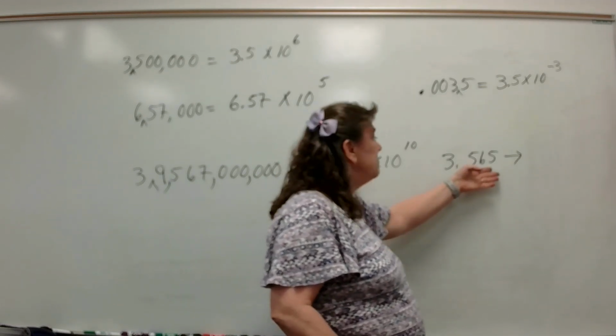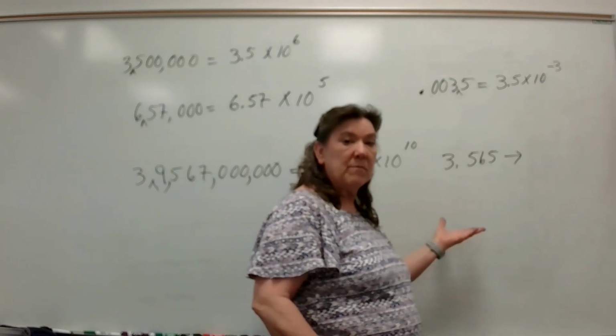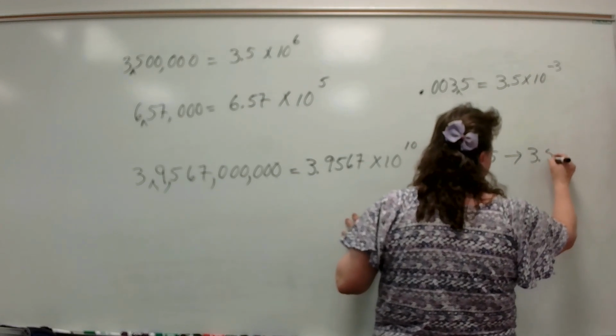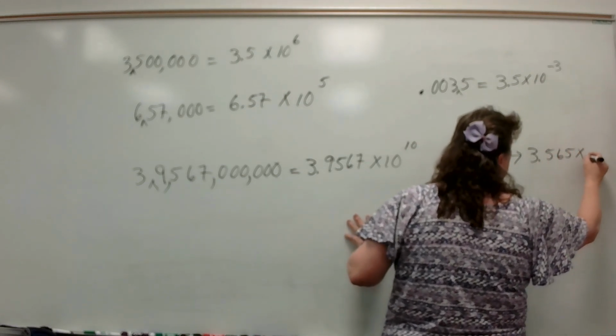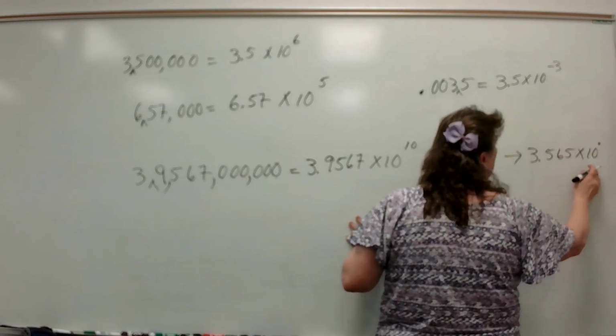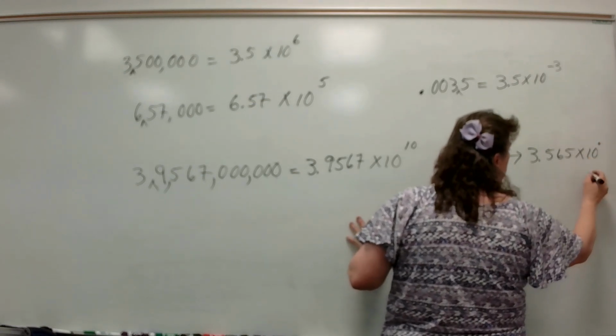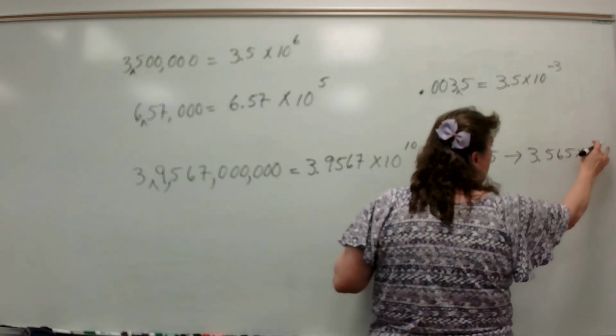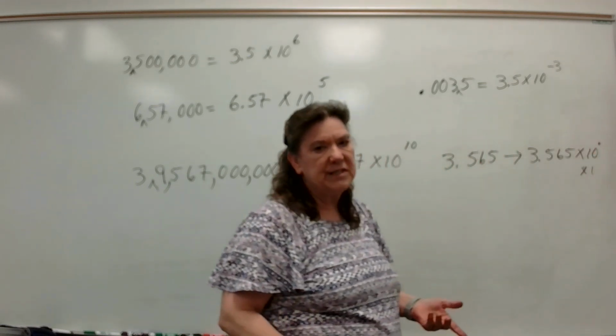So this part is already in the form that is required. So this would be like 3.565 times 10 to the 0 power. Because 10 to the 0 power is equal to 1, so this would be a multiplication by 1, which is why you're using 10 to the 0 power.